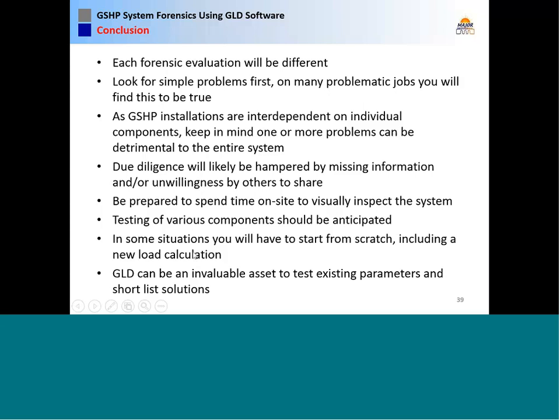A lot of times, either because information does not exist or the responsible parties don't want to share the information because they're afraid of litigation, you have to start from scratch. But GLD, just to finish up, can be your anchor point in resolving a lot of these issues. It allows you to test your concepts, or what you suspect might be issues, based on loads, heat pump schedule, and that sort of thing.